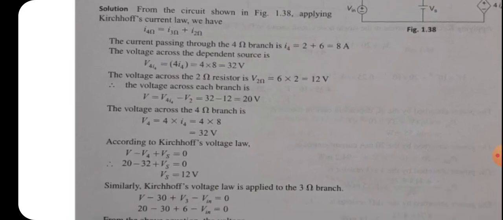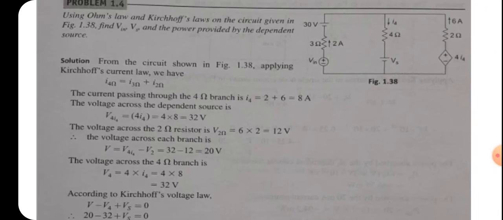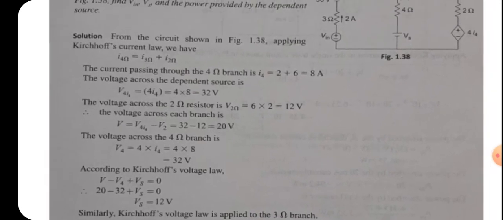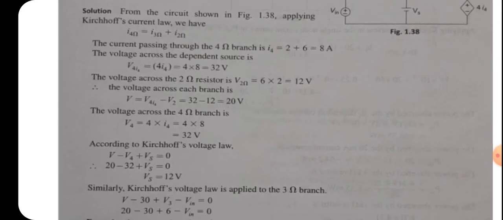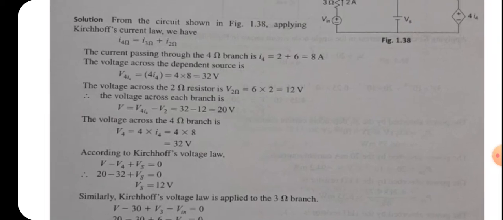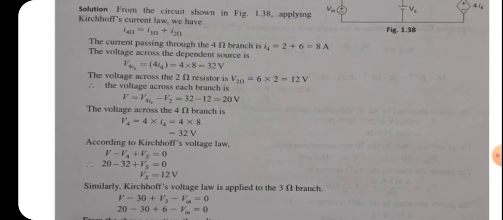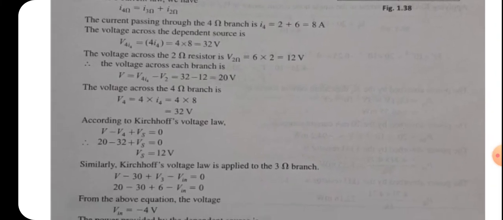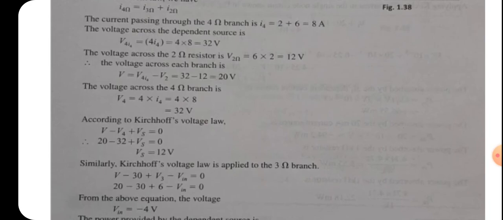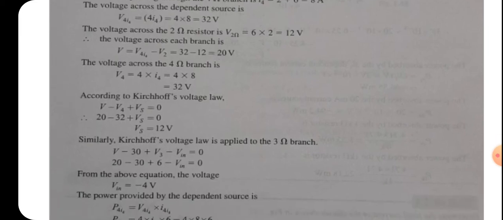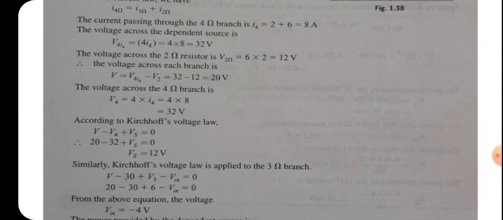That branch has a voltage of V, so V minus 30 plus V3 minus V in equal to 0. We can substitute for V and V3: V equal to 20 and V3 equal to 6. So V in will be equal to minus 4 volt.